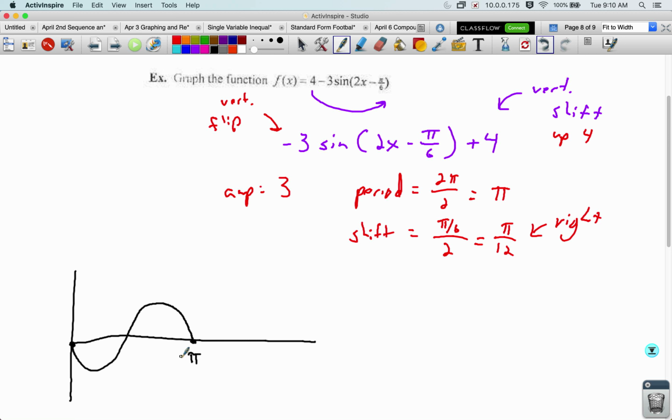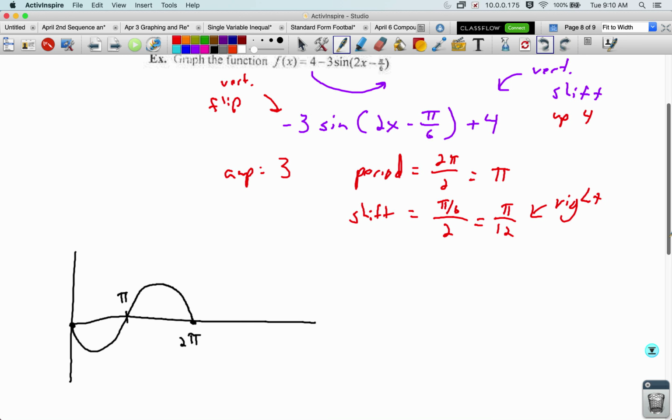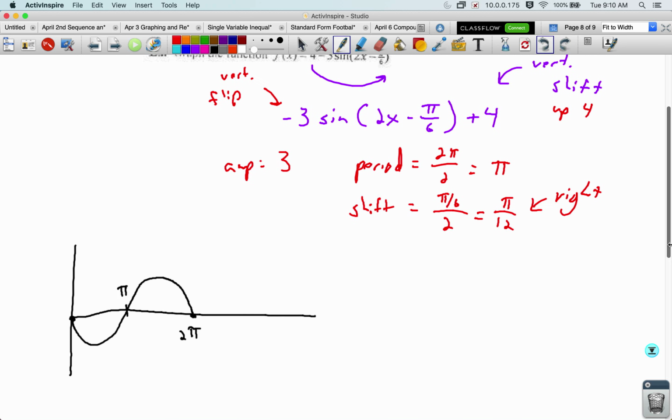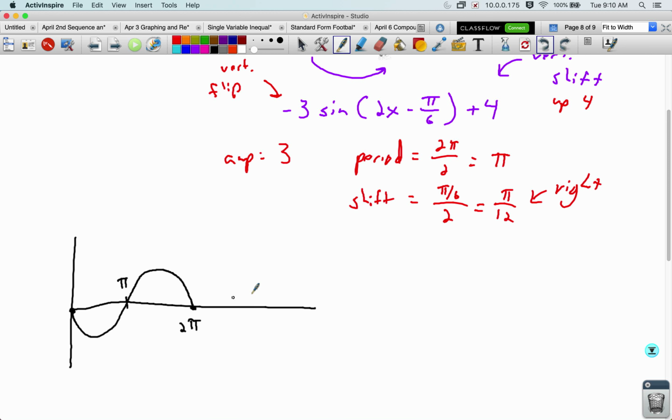It completes a full cycle by 2 pi. I'll just leave it like that. Now we need the period to be just every pi. So let's just do that period shift first. So I've already done the vertical flip.